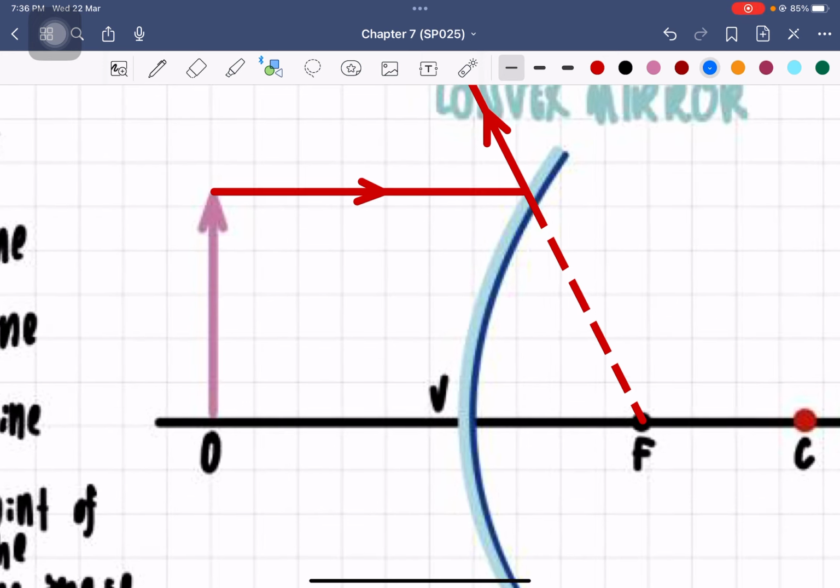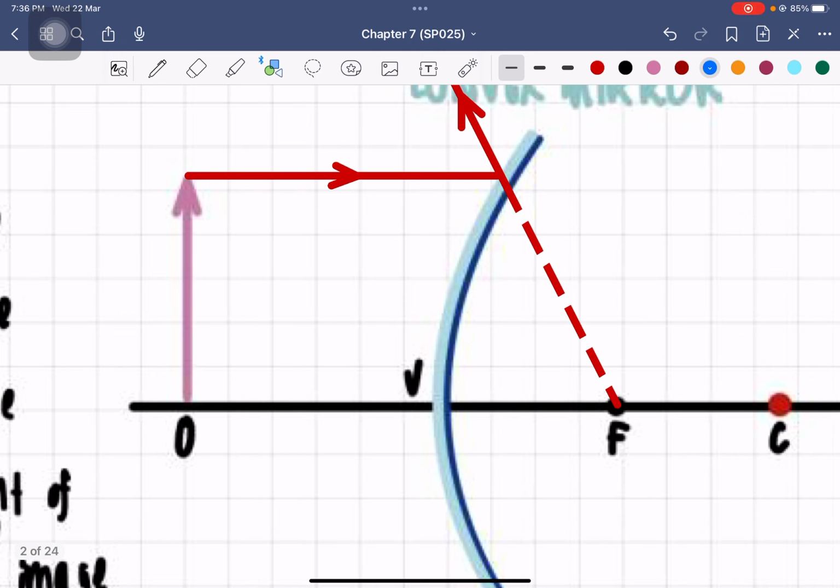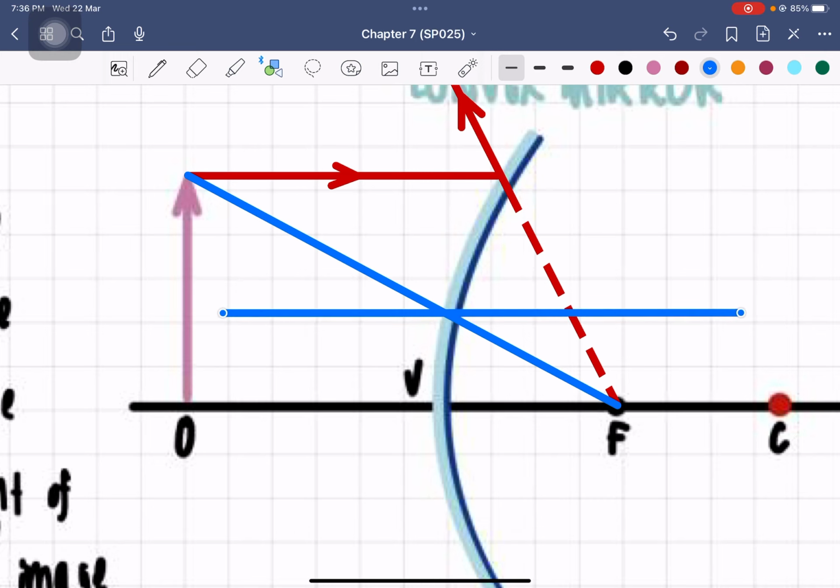Right, so it's going to be from the top of the object, diverge, reflected back as if it originated from the focal point, and then reflected back parallel to the principal axis. Oh, I forgot, this should be extended.